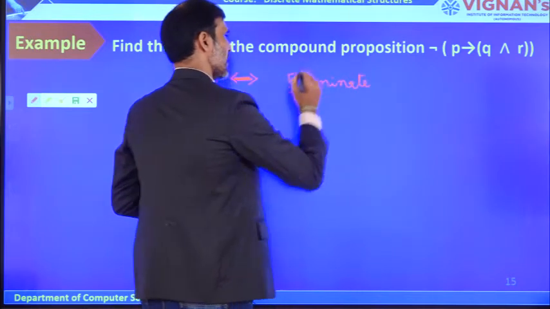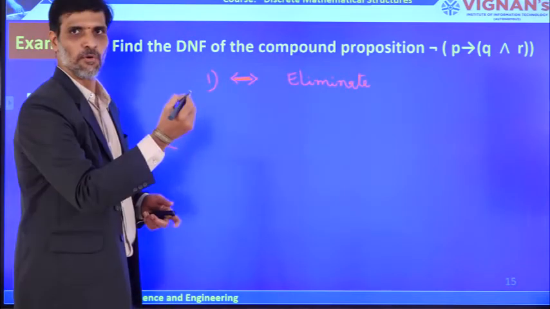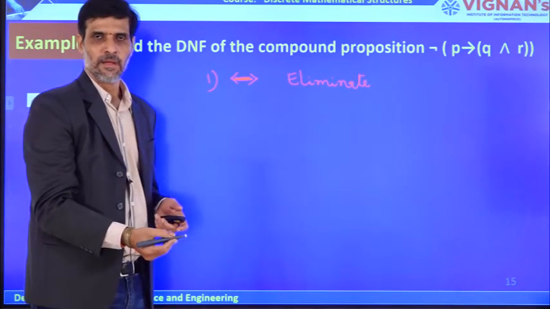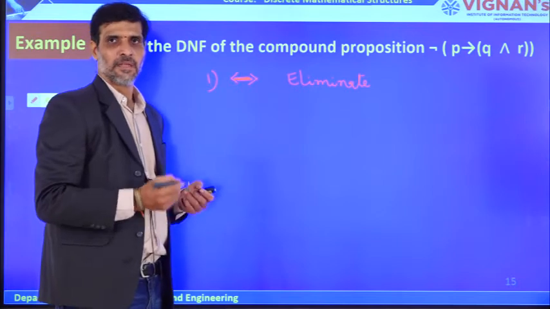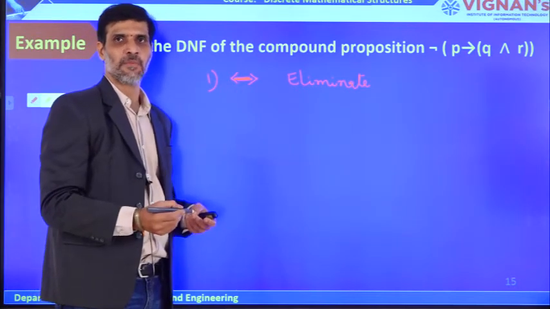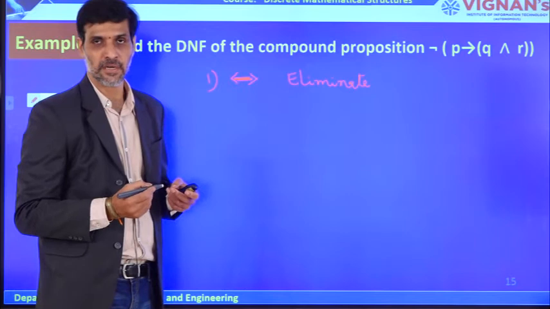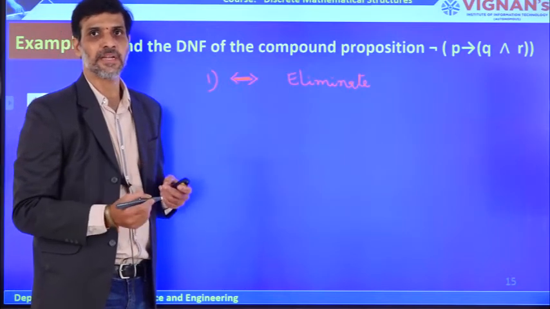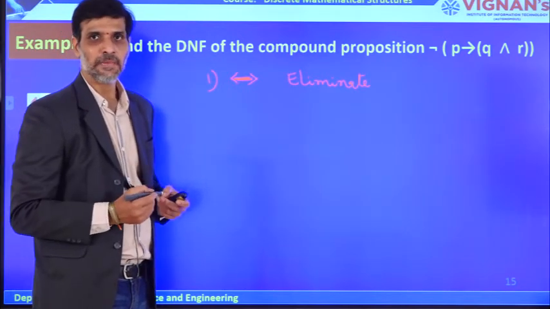Remember that? To convert a given formula into any one of the normal forms, check whether the formula contains a biimplication or not. If it contains a biimplication, eliminate it.